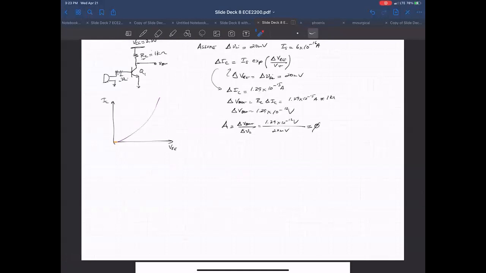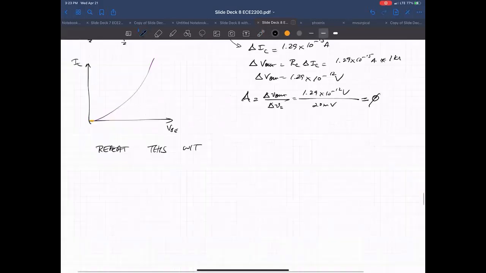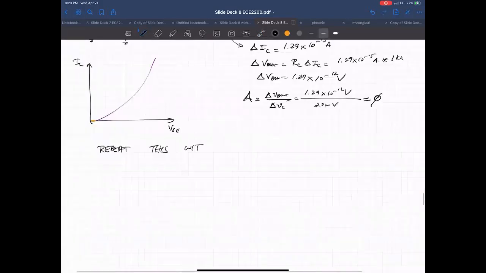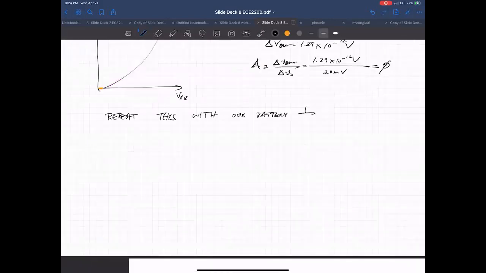Okay, now let's see what happens if we actually did have a bias. So we want to repeat this with our theoretical battery, which we know we can't use practically speaking, but I just want to show you what happens if you did manage to have a bias voltage here.